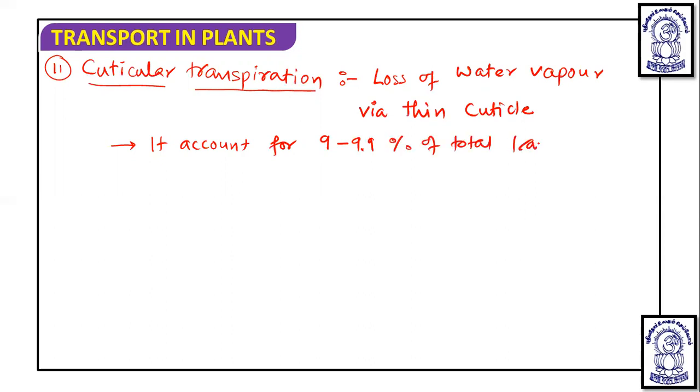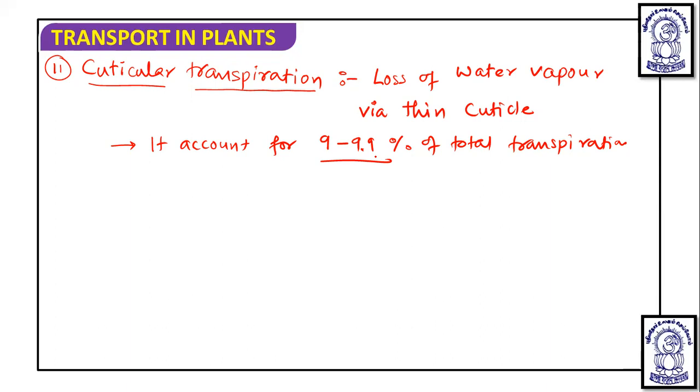The data may vary. At some places it is written as 1 to 10%. Okay, so that much can also be given. And whatever stomatal transpiration we have written, that is given as 50 to 90%, and obviously that can be 97%.